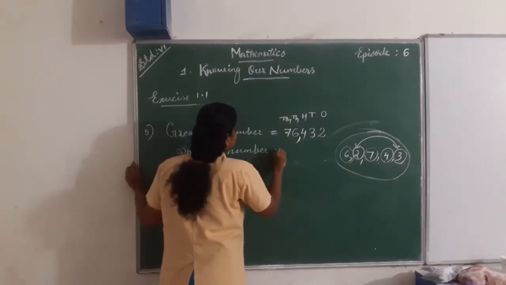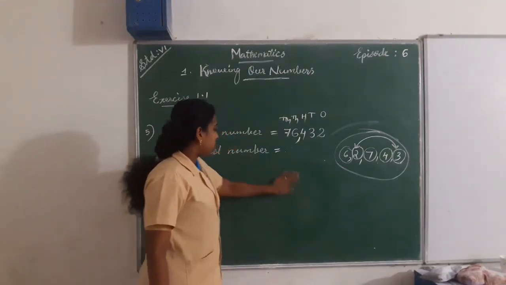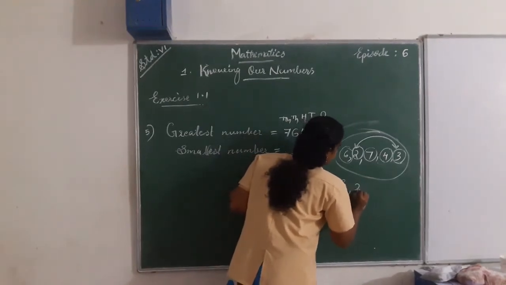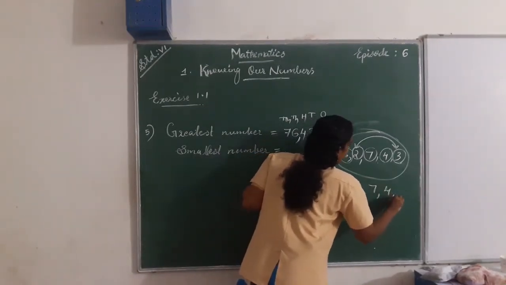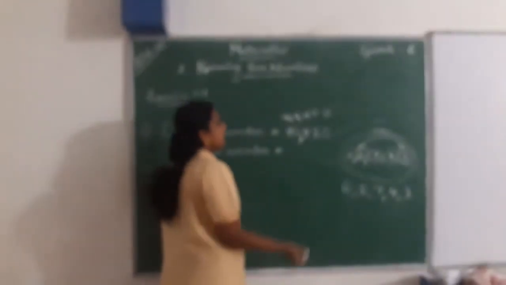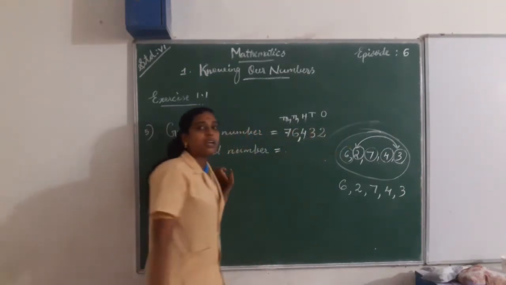The smallest number that we can write using these 5 digits, 6, 2, 7, 4 and 3. For writing the smallest number, an easy way is to write the greatest number in reversing order.